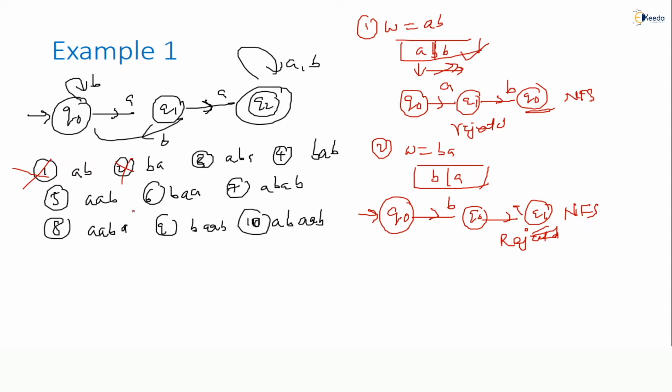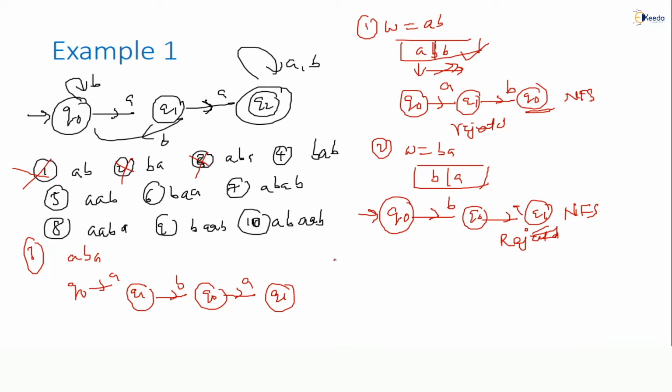Similarly you can check 3 and 4, 5 up to 10. Let me check the third one, ABA. Q naught on A, Q1; Q1 on B, Q naught; again Q naught on A, Q1. It is a non-final state, so it is rejected.